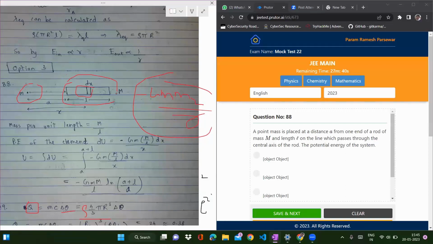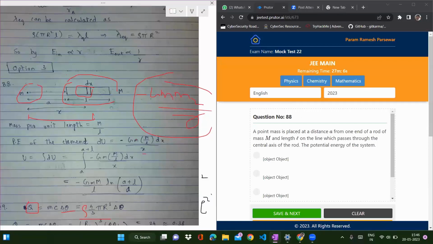We will apply this formula, minus G m1 m2 by r, for the small element, and hence calculate the potential energy of interaction. For the mass of this dx length, we take the mass per unit length, M by L, and then the mass dm of the small element of length dx will be M by L into dx. The distance we have considered here is x, and then we have taken the dx element.